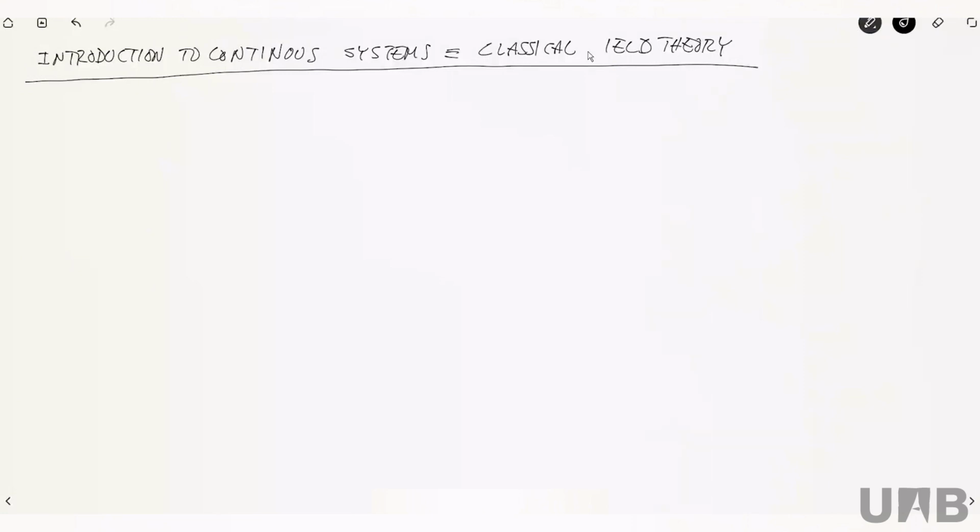In short, we're going to call it classical field theory, and that's it. Okay? And classical field theory is the classical version of quantum field theory, of course.